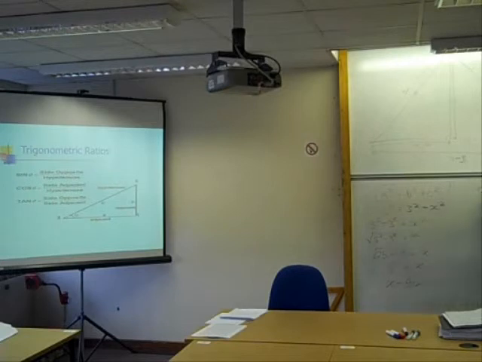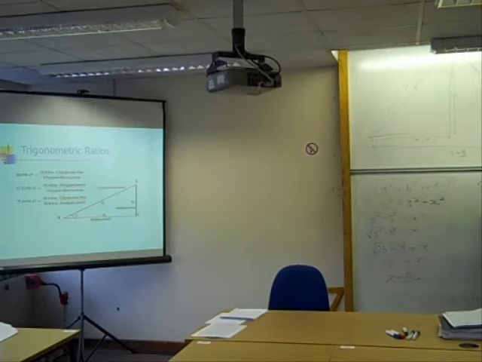So sine theta equals the opposite. What is the opposite, Greg? The opposite to this angle? 3 meters. 3 divided by the, what is my hypotenuse? 5 meters. 5. Thank you.